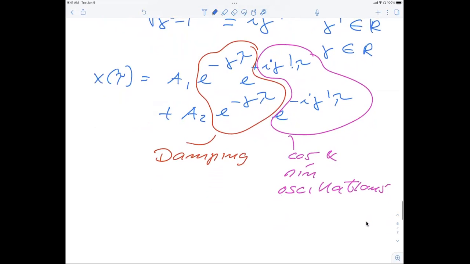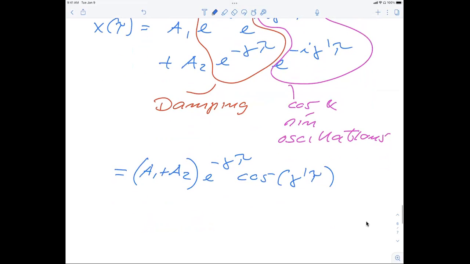So you can rewrite the solution in terms of an A1 plus an A2, times e to the minus gamma tau, multiplied with a cosine of gamma prime tau, plus an i times A1 minus A2, the same manipulation which we did in the beginning of the lecture, times e to the minus gamma tau over sine of gamma prime tau.